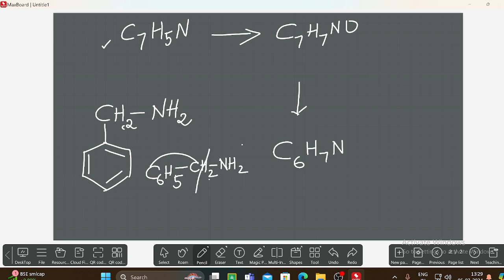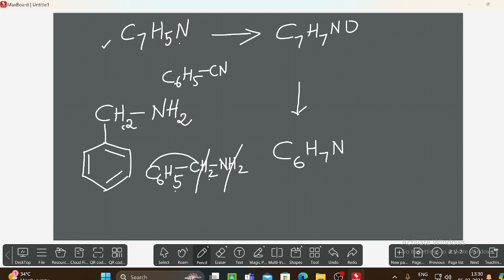So I need to cut the hydrogen. What is the remaining thing? C6H5CN. I got the reactant. Only nitrogen. See, H5 only given, which means other hydrogen I do not need. So I am cutting that hydrogen from the formula. Not with the concepts, with the formula I am approaching that.